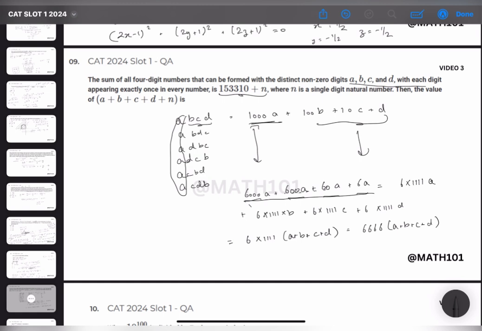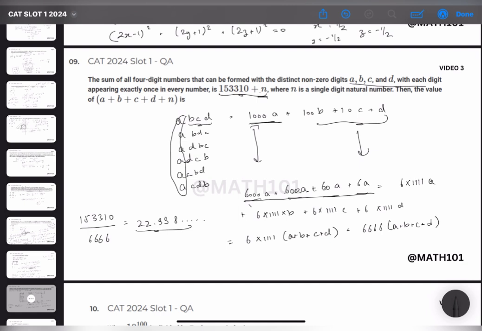So it won't be the value of A plus B plus C plus D. Okay, let's see. 15310 upon 6666 is equal to 22.998. So what n does is it makes this thing 23, because it is a single digit number and that resultant thing should be a multiple of 6666.